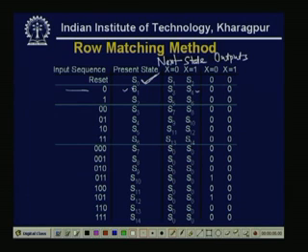Now, in this way, if we consider all the input patterns, we will see that for the reset state there is 1 state, and for a 1-bit input sequence there are 2 states, 0 or 1. If we consider a 2-bit input sequence, then 2 squared means 4 states.